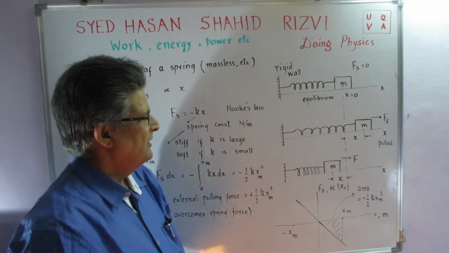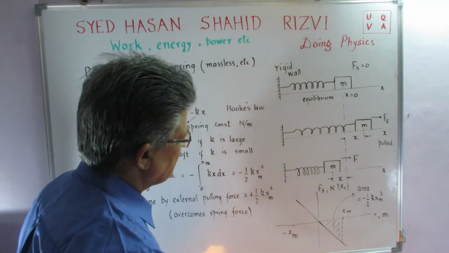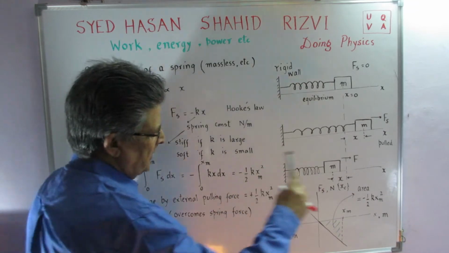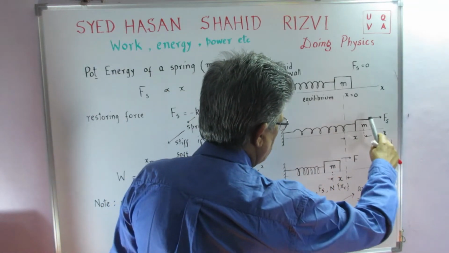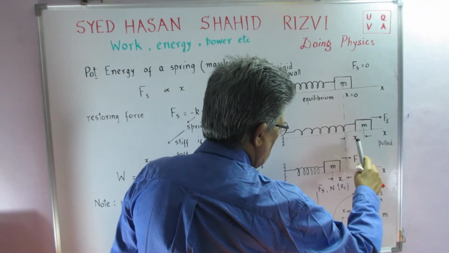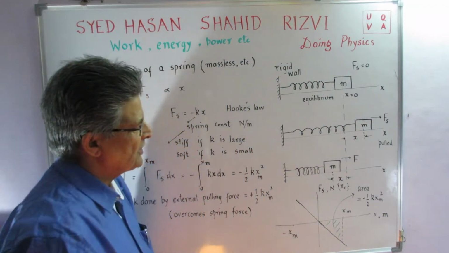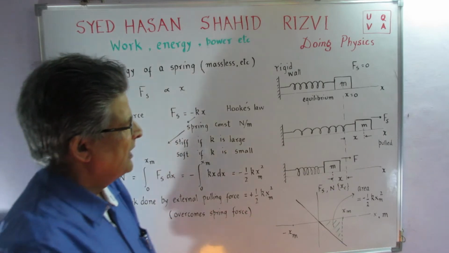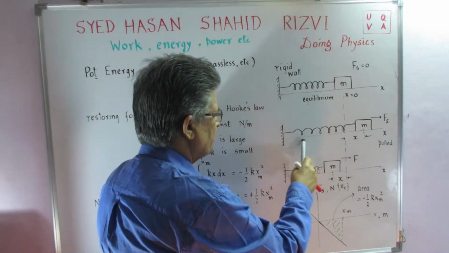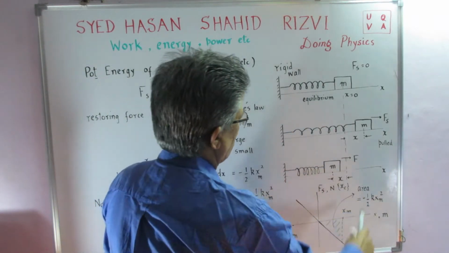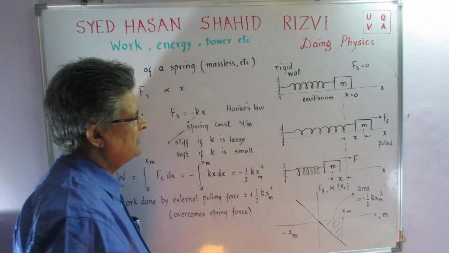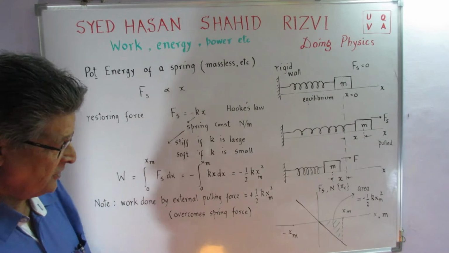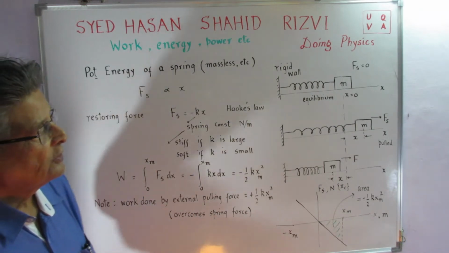What happens is, if I pull it on this side to a maximum extension plus xm and release the system, these surfaces that I have shown over here are frictionless. So there is no loss of energy due to friction.